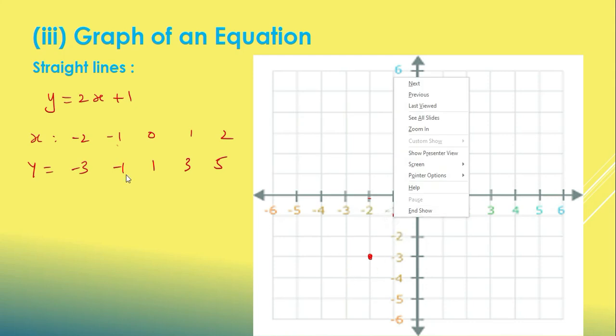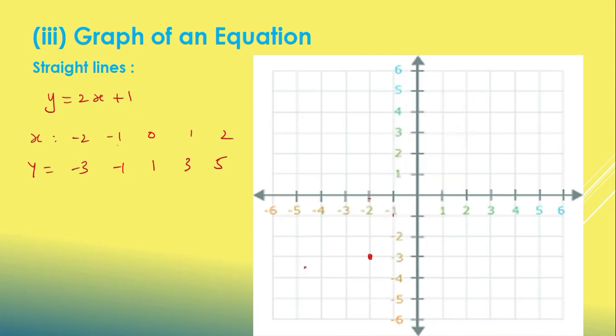So they intersect here. Next, x is 0, y is 1. X is 1, y is 3. Here you can find x is 1, y is 3, isn't it? X is 2, y is 5. It's here.